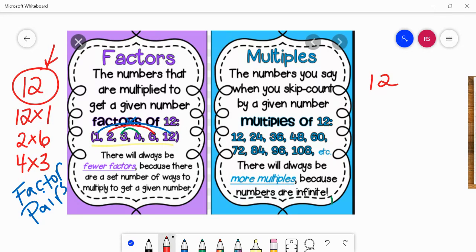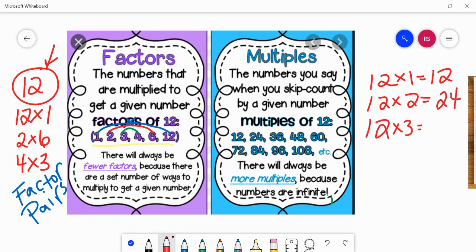Watch this. 12 times 1 is 12. 12 times 2 is 24. 12 times 3 is 36. 12 times 4 is 48. 12 times 5 is 60.